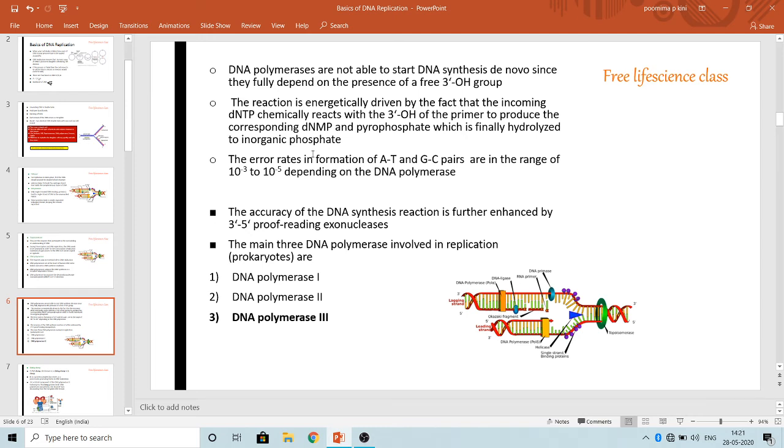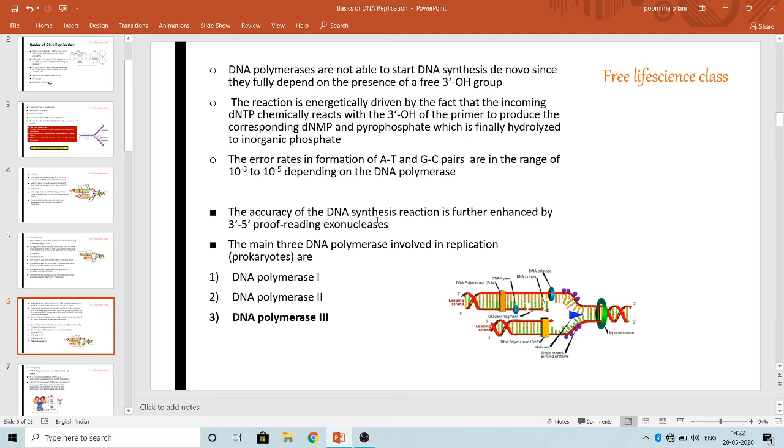That means the error rate is very low compared to RNA polymerase in transcription, where the error rate is higher than in DNA replication. So what is the function of DNA polymerase? It helps in synthesizing a new DNA strand.